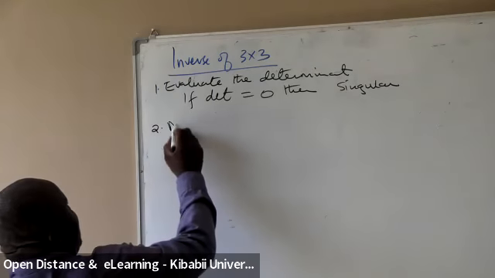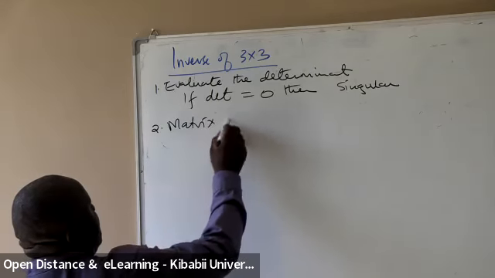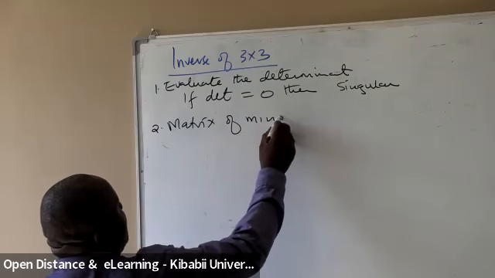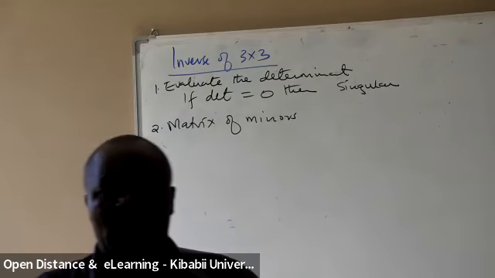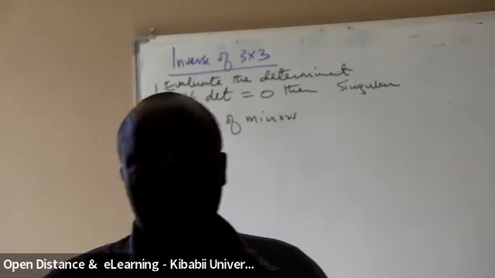Define the matrix of minors. What is this matrix of minors?